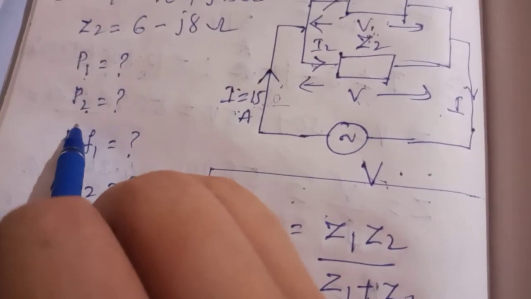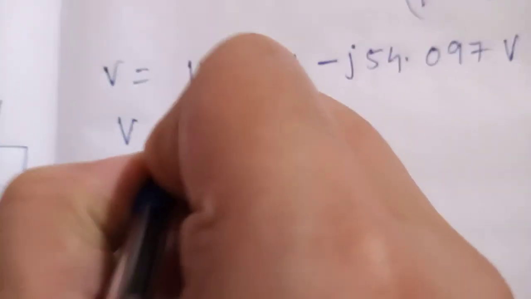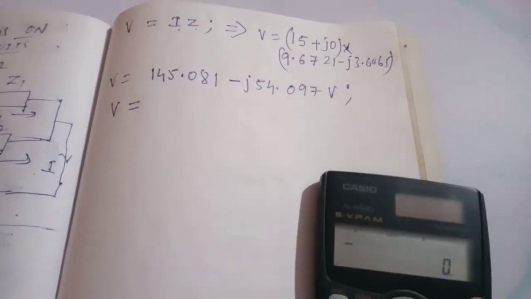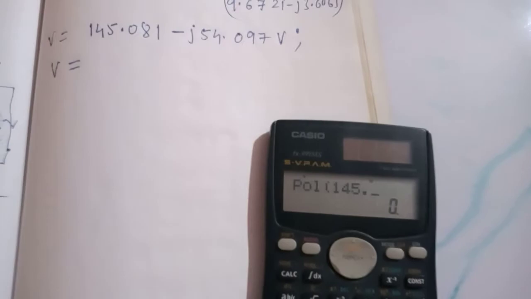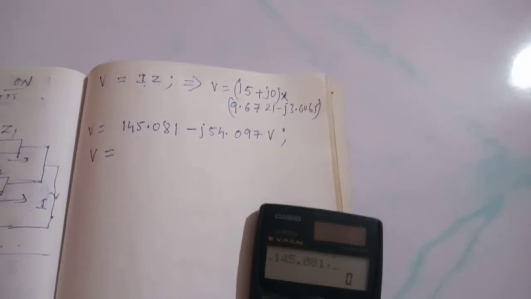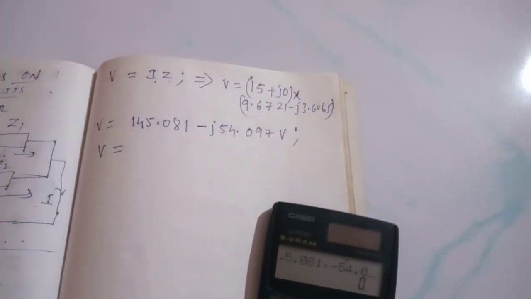What you have to calculate? You have to calculate I1 and I2 so that you can calculate P1 and P2. Okay. So now you convert this into polar form. Every time have a habit of putting the final result in polar form so that you can see the magnitude as well as the angle. For that I am going for the computation mode again. So shift polar 145.081 comma minus 54.097.